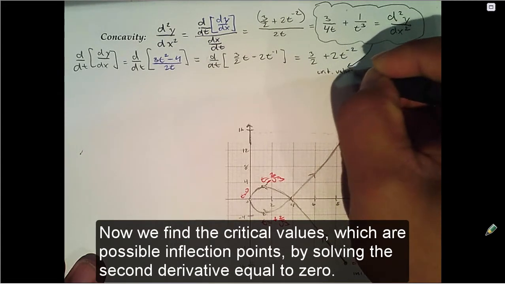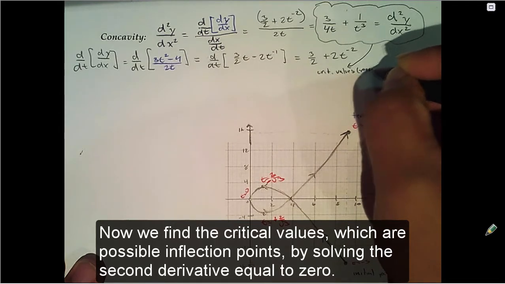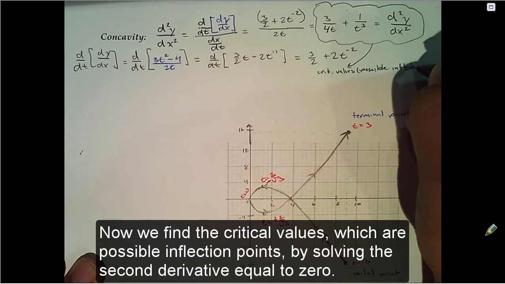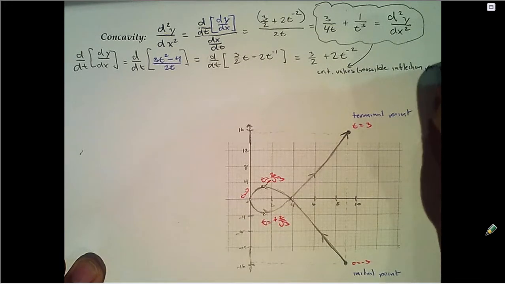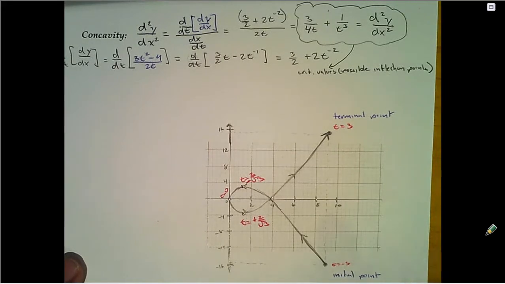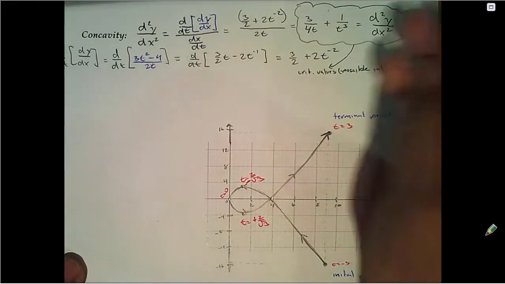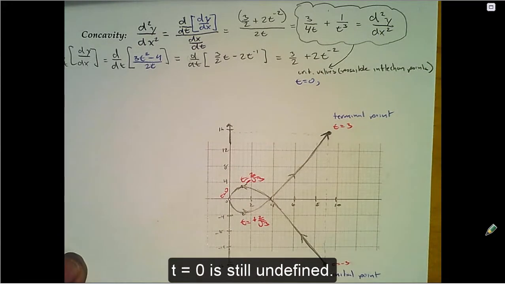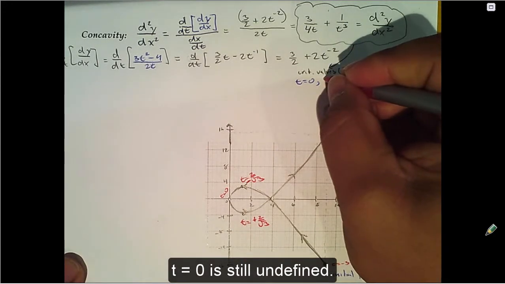Now we find the critical values, which are possible inflection points, by solving the second derivative equal to 0. t equals 0 is still undefined.